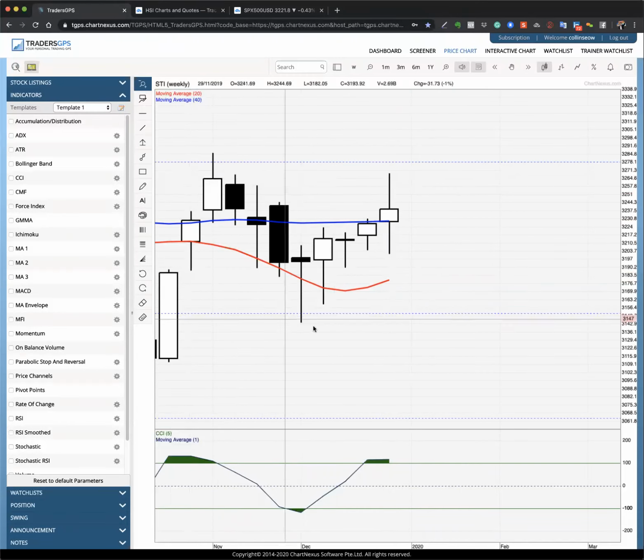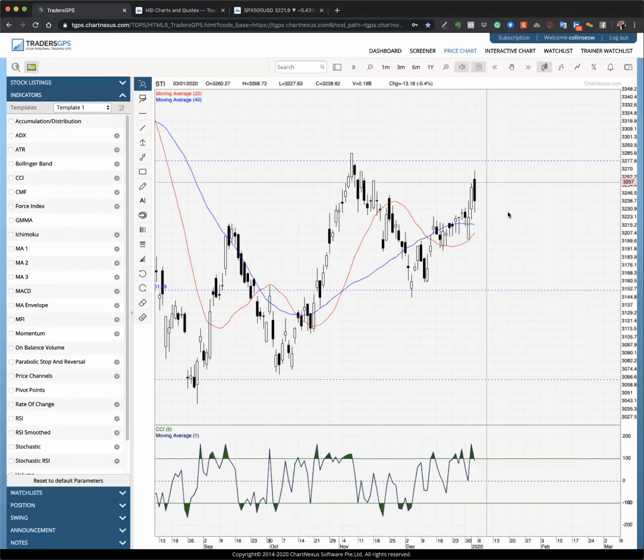Support is this area here. If you are trading for the next 1 month, then here is a good region to take profit. See? So Kim, does that answer your question?